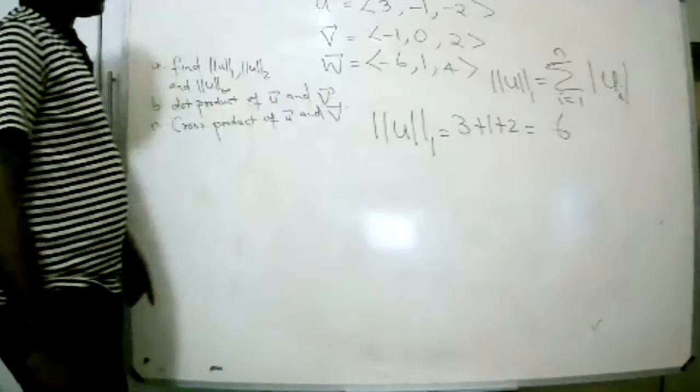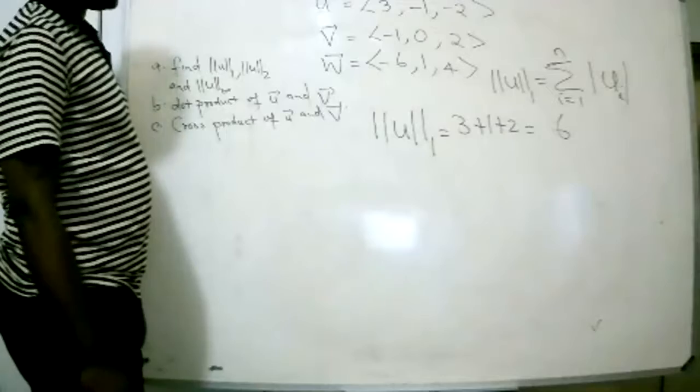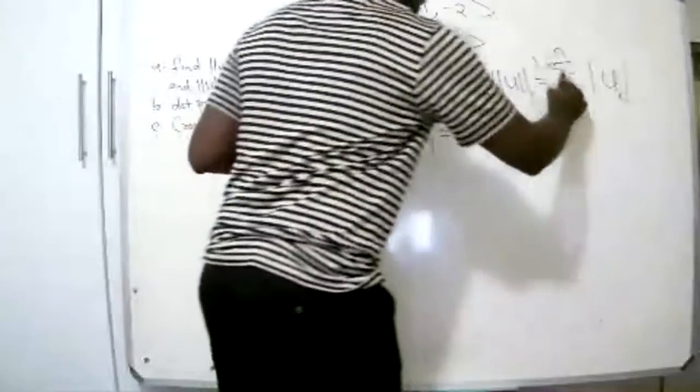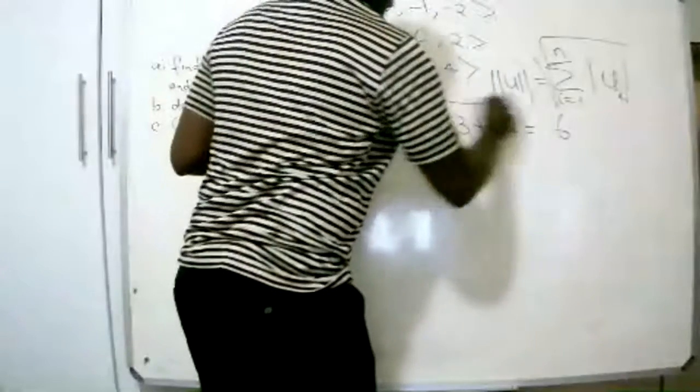So now let's find the two norm. I left the root here. It must be inside the root like this, so it's the root of 6 like that.